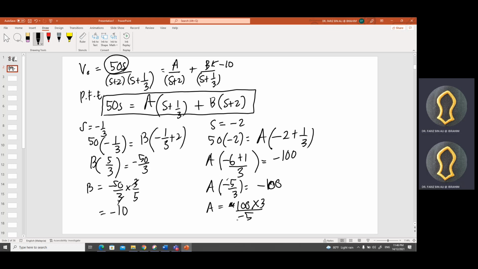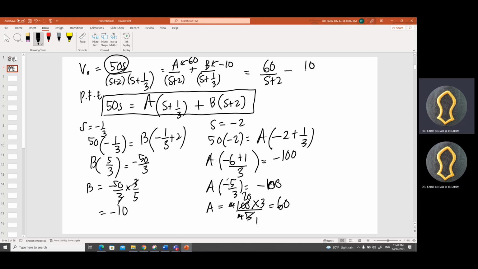All right, so this negative is gone. 300 over 5, and A equal to 60. Okay, put in here A equal to 60. So I can write again, this is equal to 60 over s plus 2 minus 10 over s plus 1 over 3.